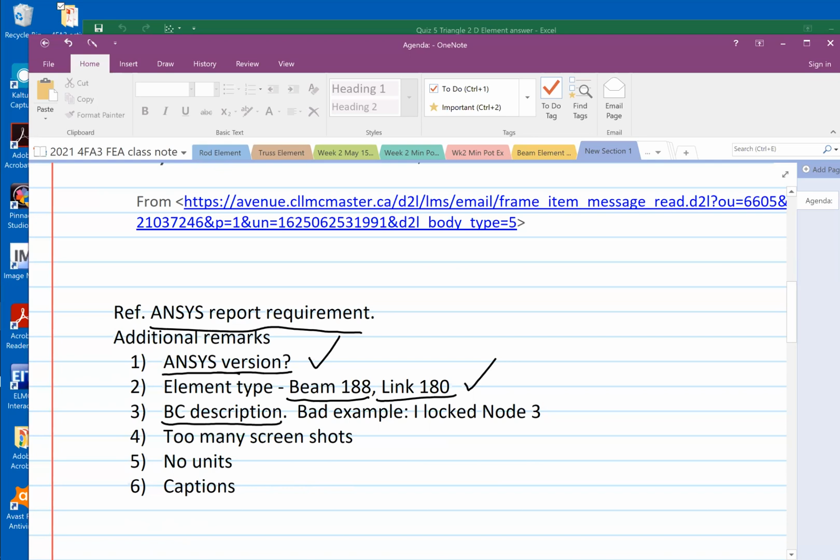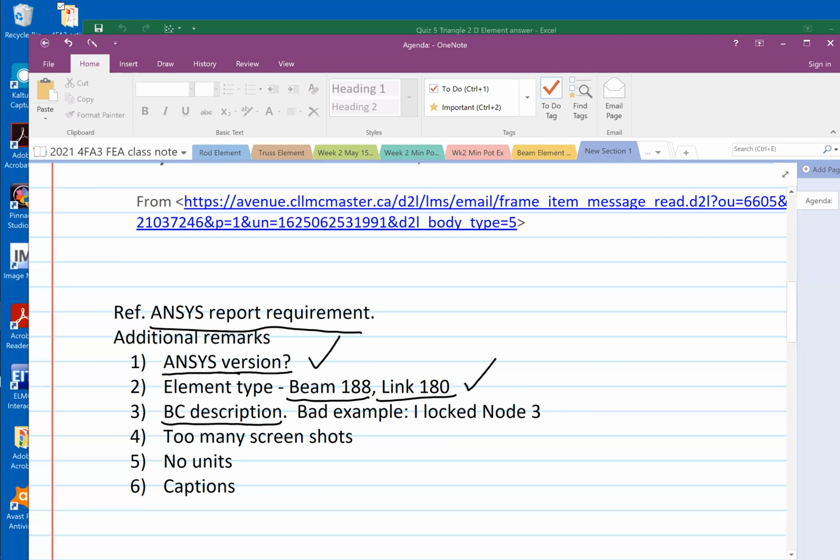Okay, then the boundary condition descriptions. I don't like it when you say I locked node 3. What is node 3 to you? What is node 3 to me? It can mean different things. The best way to do it is draw diagrams, and then you just mark it up.